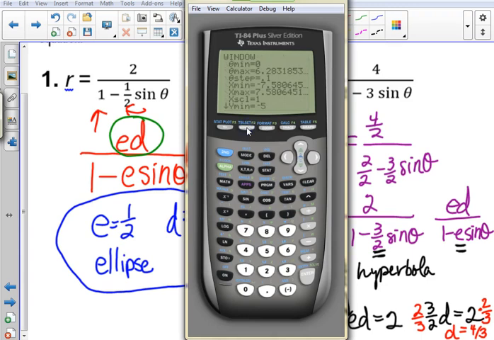All right, I'm checking my window. 0 to 2π by 0.1. Yeah, that seems okay. That looks a lot like a circle. It's supposed to be an ellipse, but an ellipse is a kind of a circle anyway.